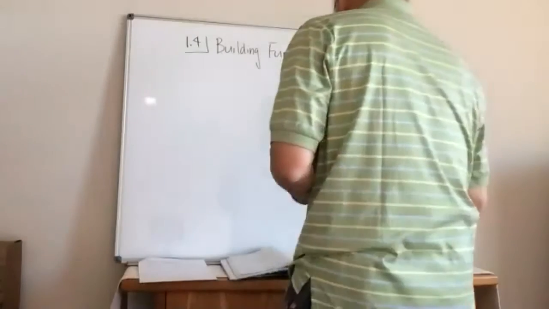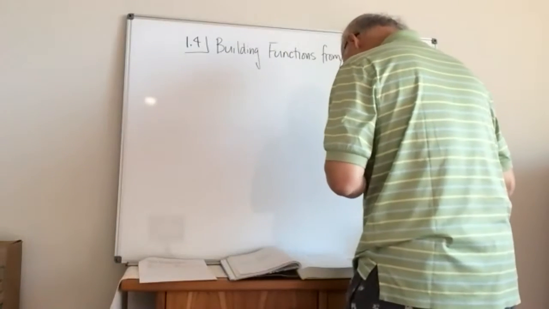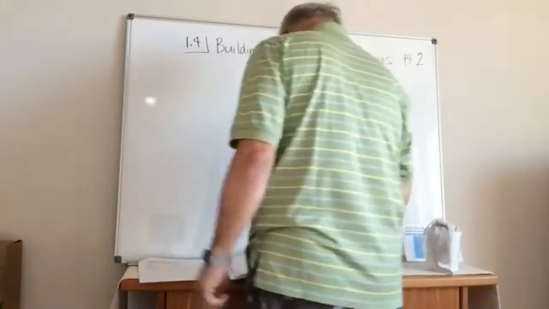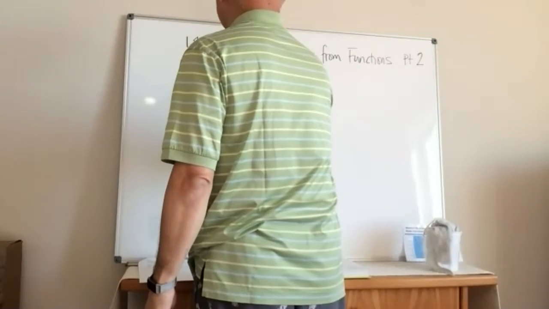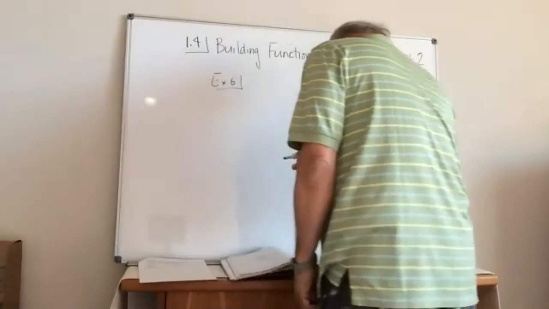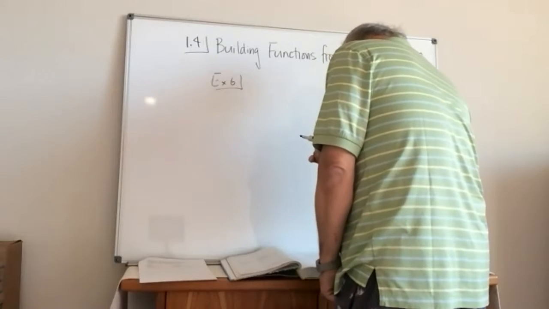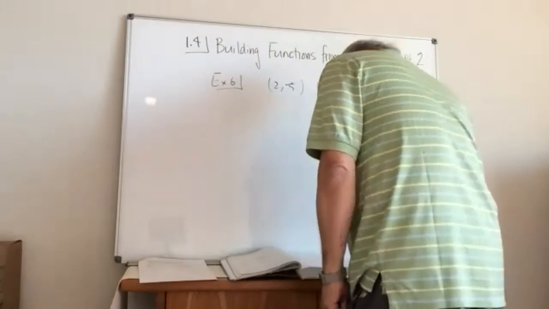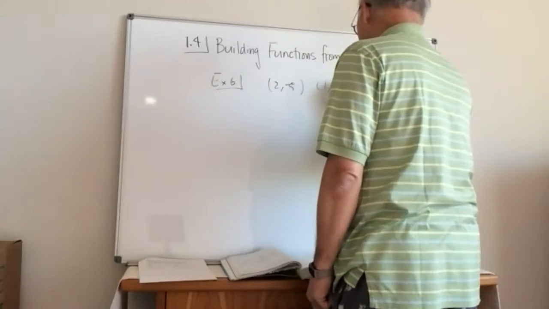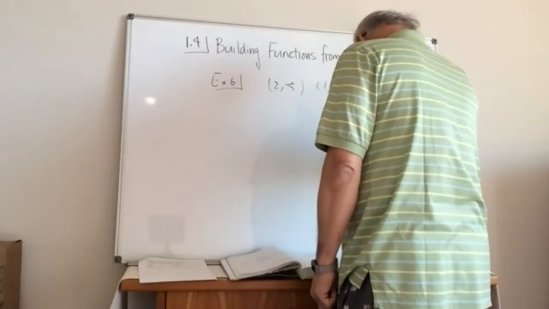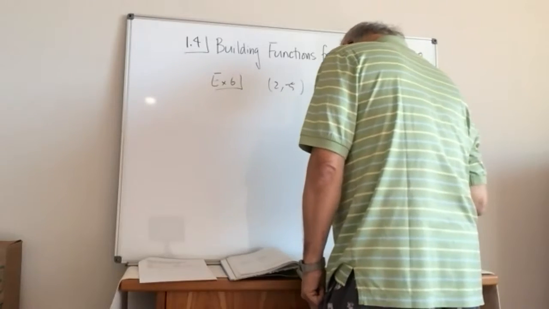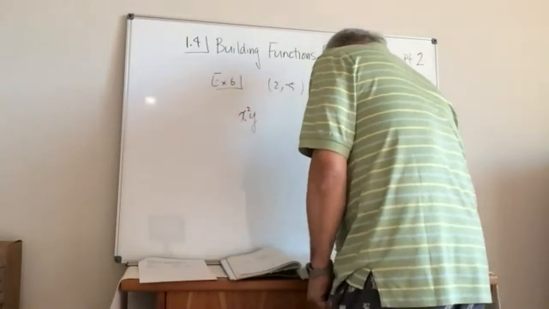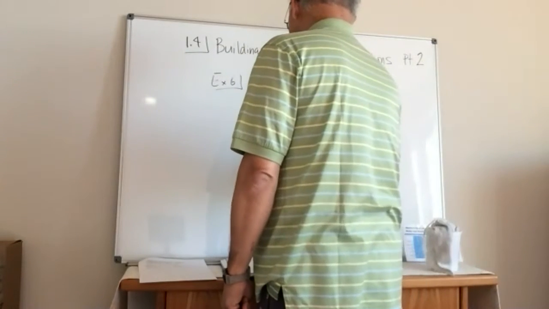Example number 6: we are to determine which of the ordered pairs (2, -5), (1, 3), and (2, 1) are in the relation defined by x squared y plus y squared is equal to 5.